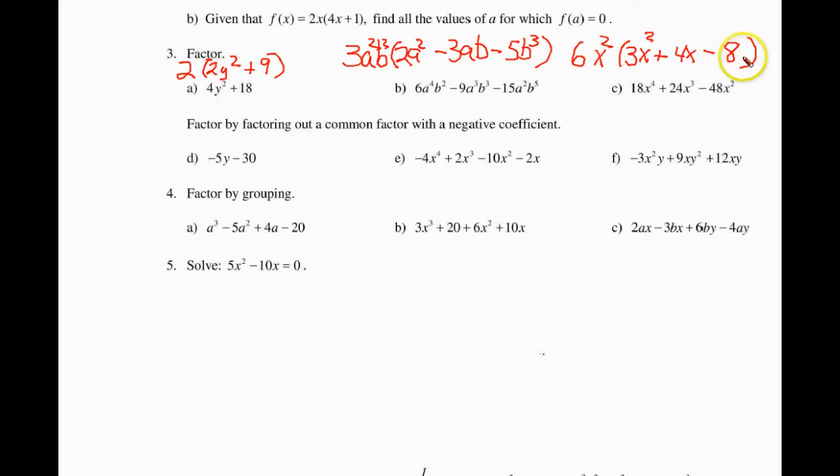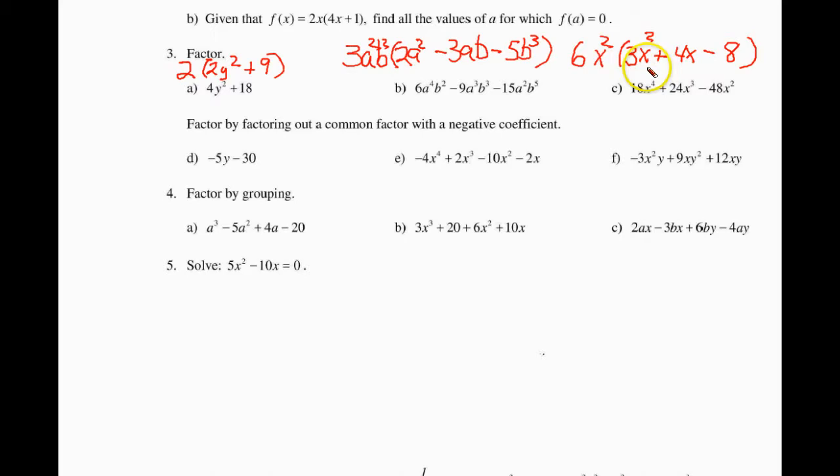And here I don't have any. And I look in the items that I have in the parenthesis. Can I take anything else out? No. And no letters out of each one. So that is the answer. What's this process called? Factoring. It's the opposite of the distribution principle that we worked on earlier.